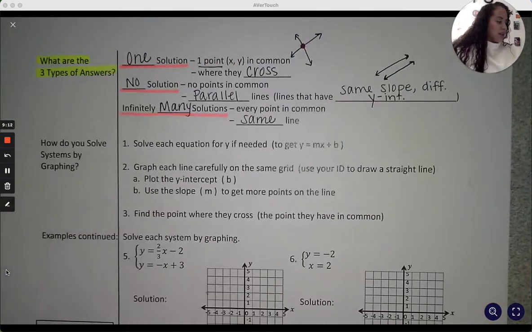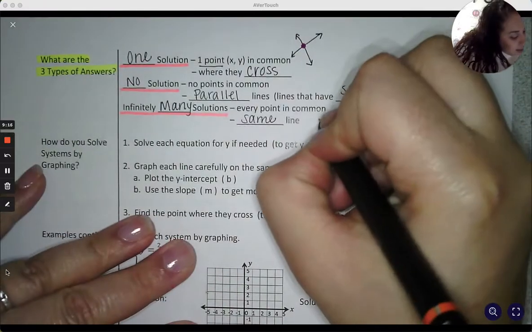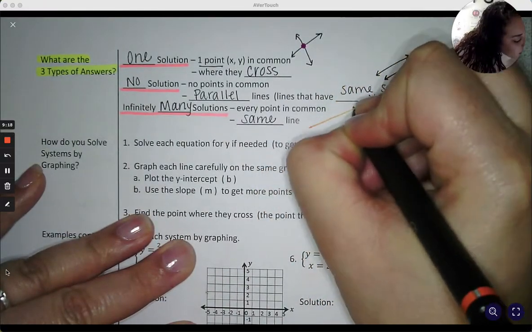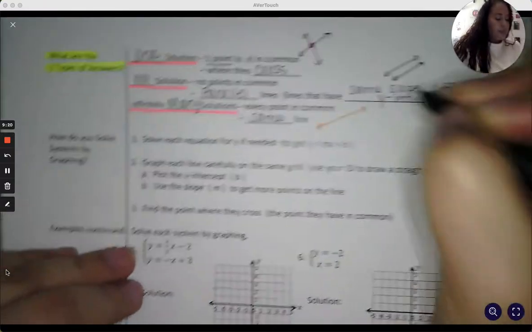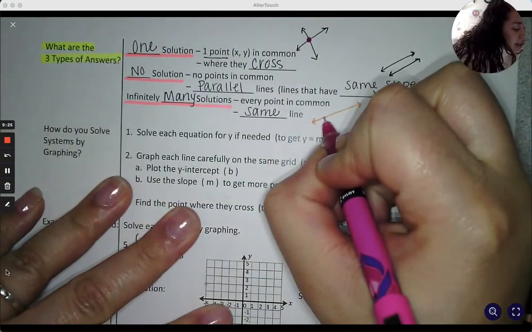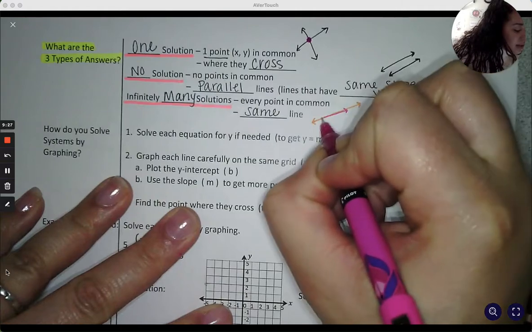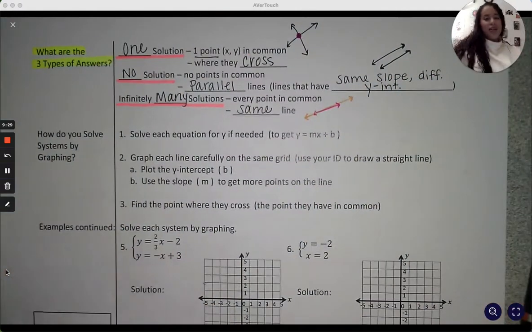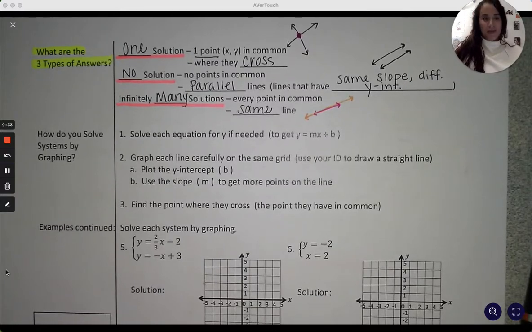So what that might look like is we graph this orange line and it's awesome. And then when we graph our second line, we notice, oh man, it's the same slope and it's the same y-intercept. It's the exact same line. That means infinitely many.